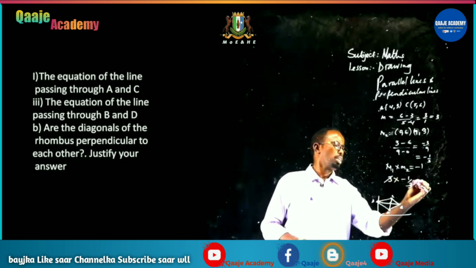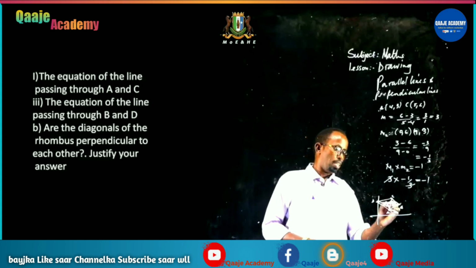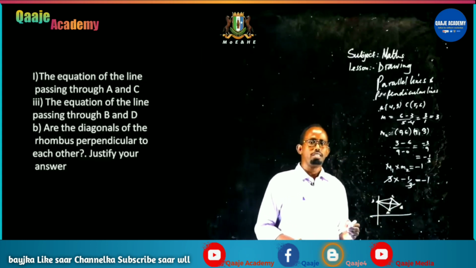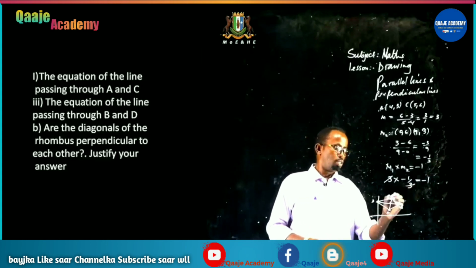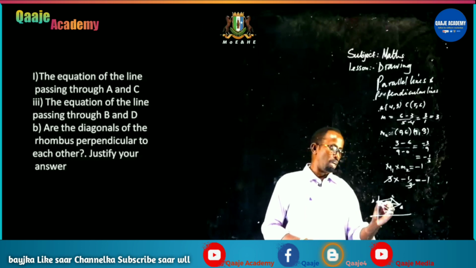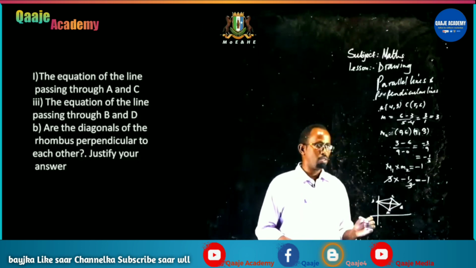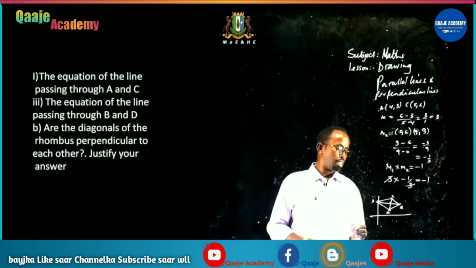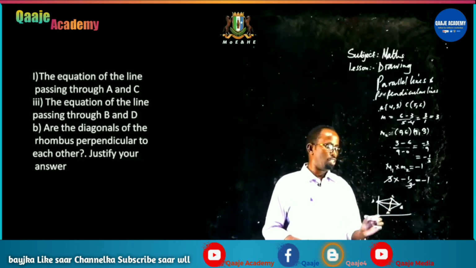You cancel and get minus 1. Therefore the two lines are perpendicular, meaning the diagonals bisect each other.